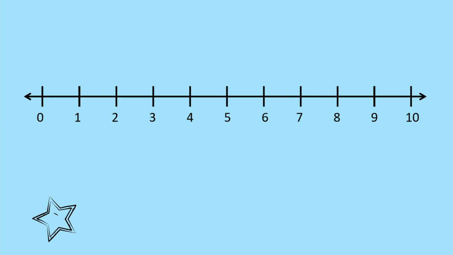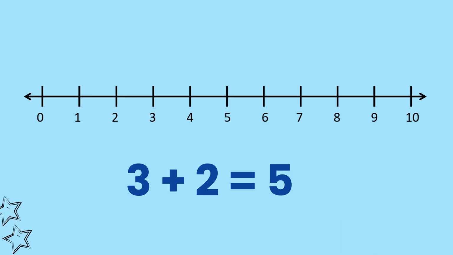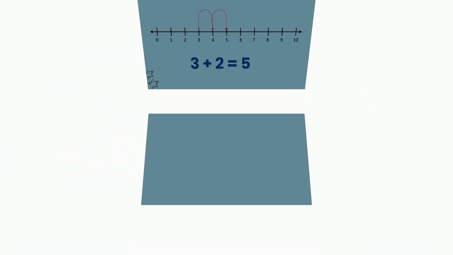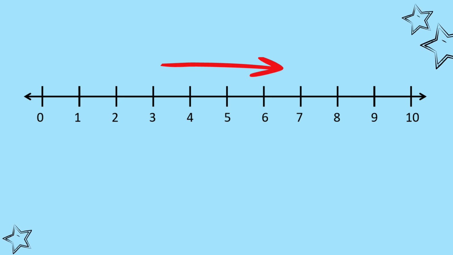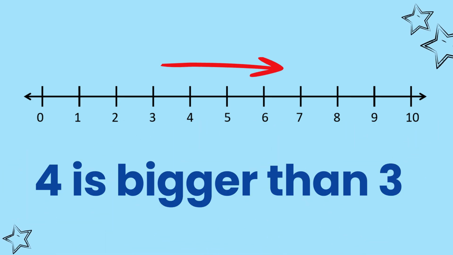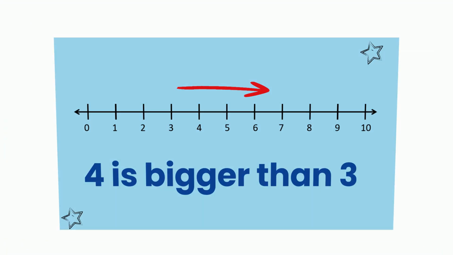You have probably used number lines to represent whole numbers before. Maybe you practiced adding, subtracting, multiplying, or dividing on a number line. For example, you might have added on a number line by hopping, like this. Hopping on a number line helped you learn that numbers on a number line get bigger as you move to the right.